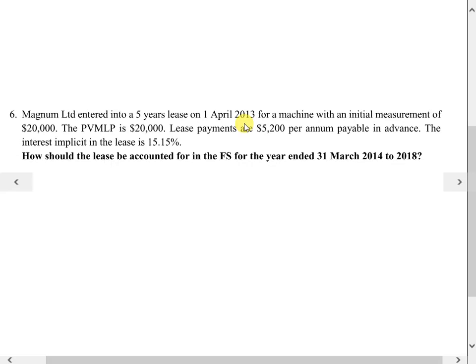Remember what's the present value of minimum lease payment? It is the lease payment payable in the future discounted to present value. Lease payments are 5.2 payable in advance, and the interest implicit in the lease is 15.15.